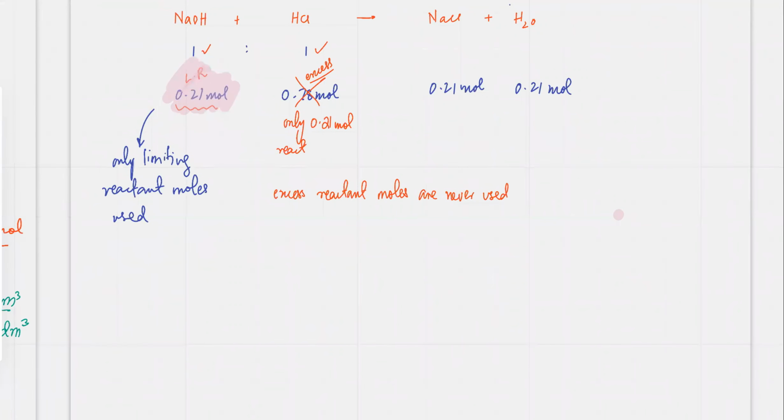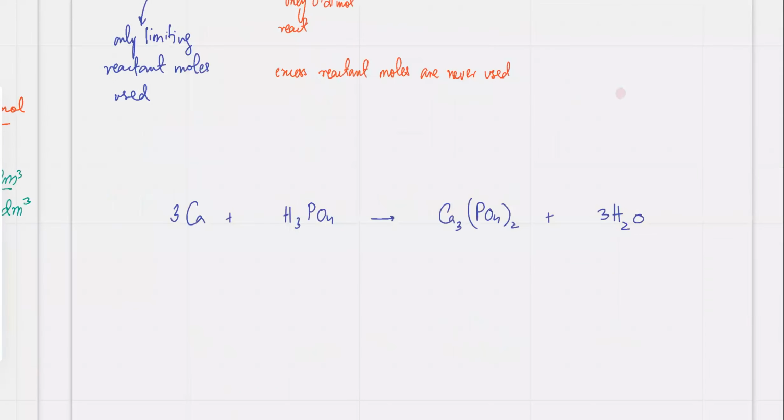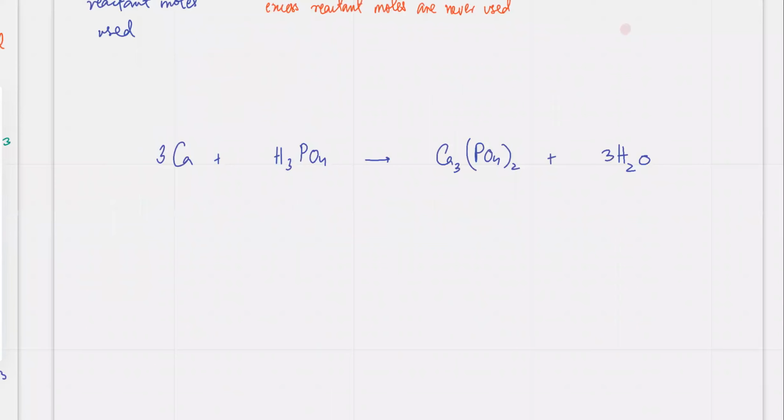For example, if I have this reaction, with 3 calciums reacting with 2 phosphoric acid molecules, producing calcium phosphate, Ca3(PO4)2, plus 3 water molecules. So we've got this reaction going on. I'm going to add 2 random moles. Let's say I go to the lab, I pick 0.6 moles of calcium, and I pick 0.5 moles of phosphoric acid.